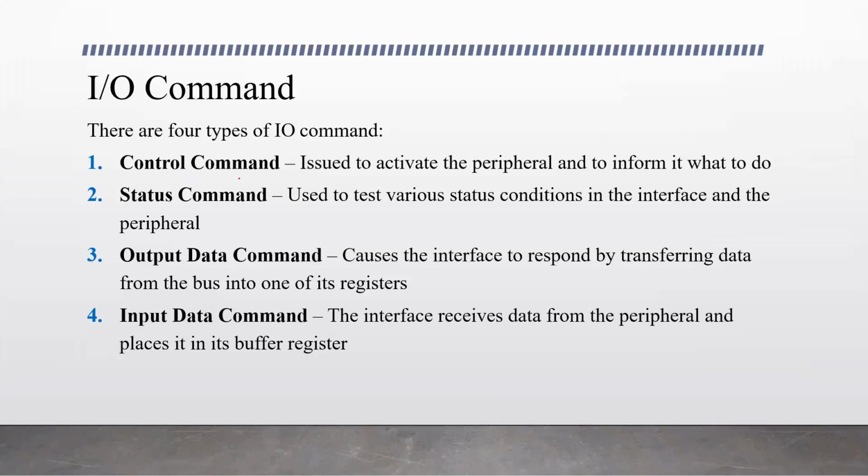The first one is control command. Control command is issued to activate the peripheral and to inform it what to do. The different IO commands are control command, status command, output data command, and input data command.